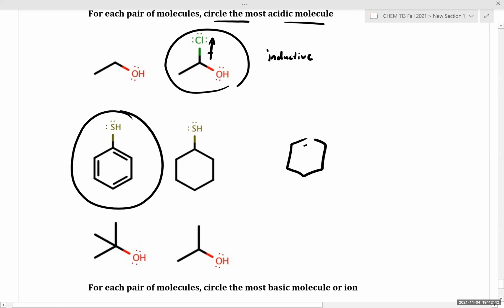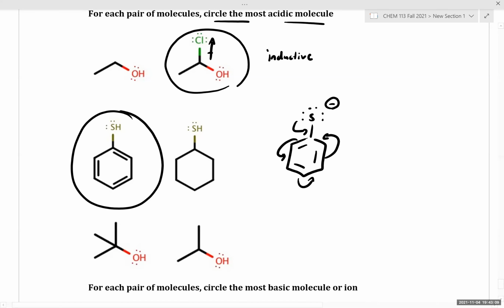The electrons are more localized. You cannot delocalize that. Oh, you can delocalize. Yeah, exactly. There you go. It can stabilize the anion via resonance, and because the anion is stabilized via resonance, the proton is more acidic. Exactly. Does that make sense?